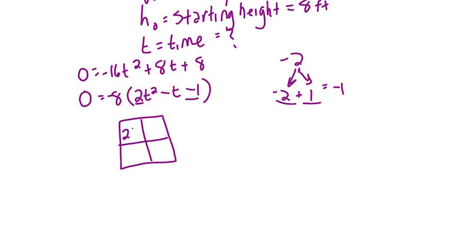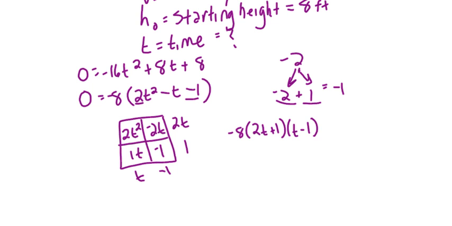I have 2t squared, negative 2t, 1t, and negative 1. So these two, remember, come from splitting the middle. Horizontally, I can take out a 2t and a positive 1. Vertically, I can take out a 1t and a negative 1. So I have the negative 8 that I took out, the 2t plus 1, and the t minus 1.